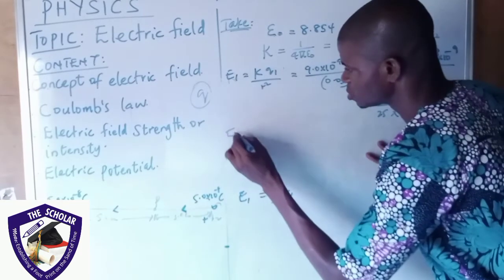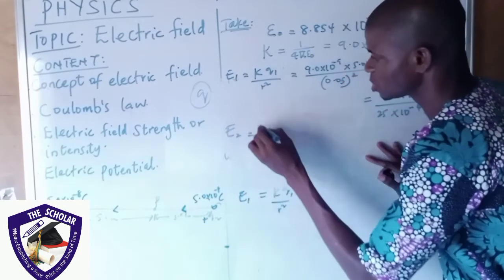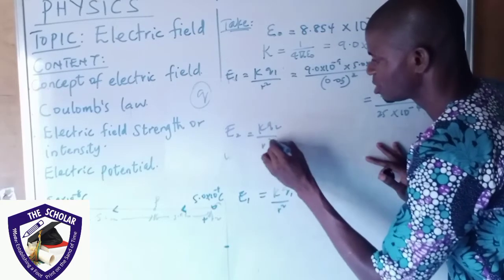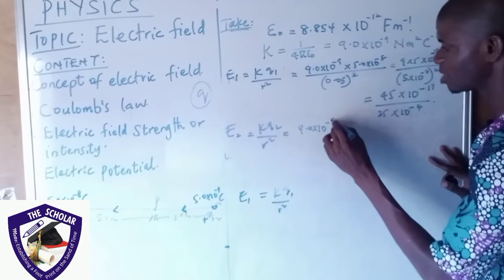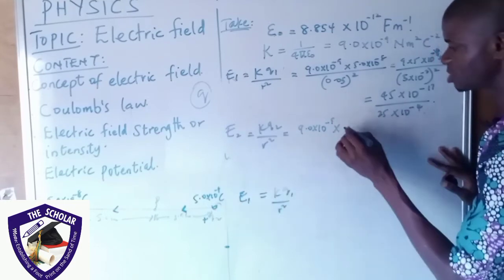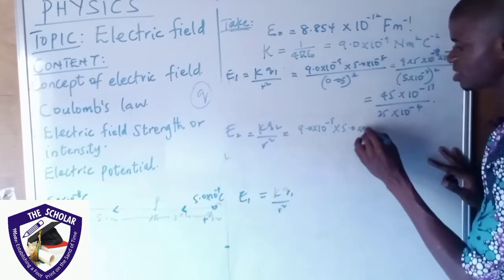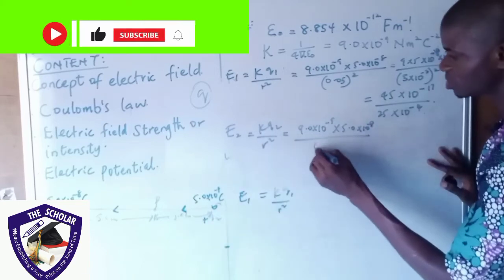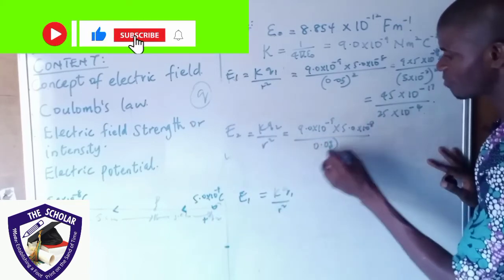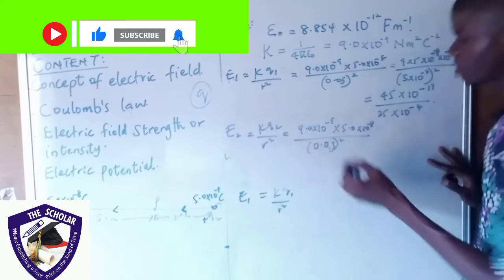Likewise for our E2. Our E2 is also kQ2 over r squared. That translates to 9.0 times 10 to the power 9 times Q2, still the same magnitude, 5.0 times 10 to the power minus 8, divided by r squared. The distance is now 0.03, converting that centimeter to meter, you divide by 100.